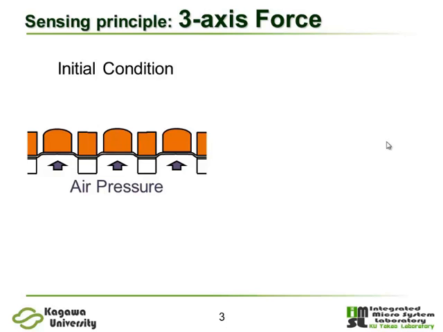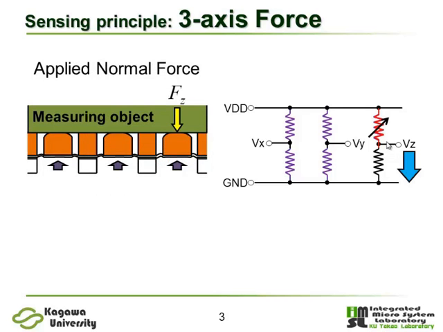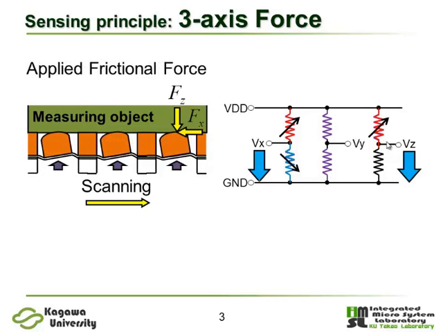First, I will explain the detection principle of three-axis force with contact tip structure and piezo-resistive stress sensors. If a vertical load or horizontal load is applied to the contact tip structure from the touching object, components of the input force are individually detected by the piezo-resistive detection circuit.